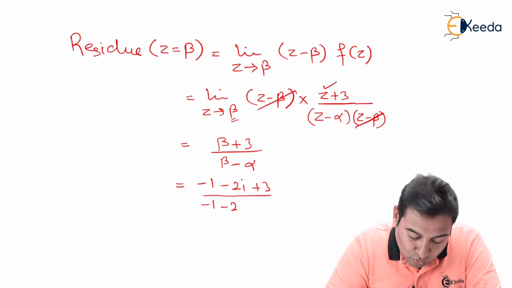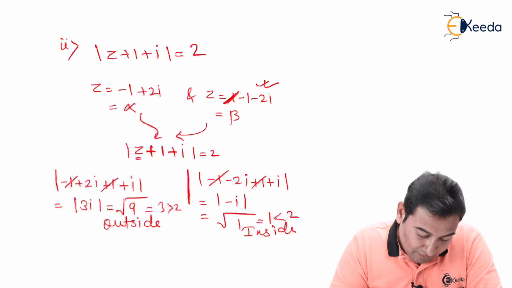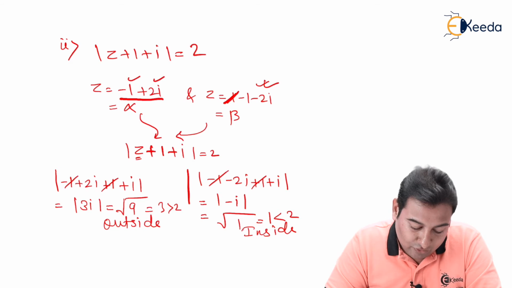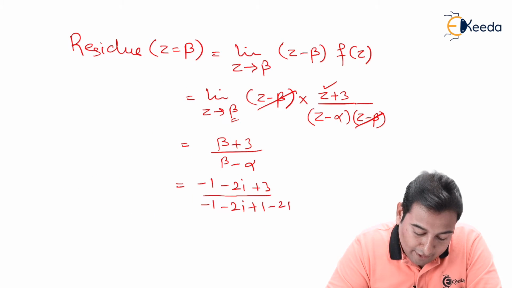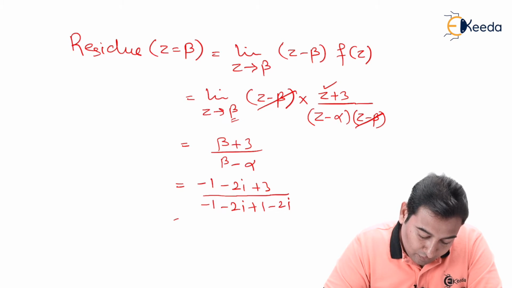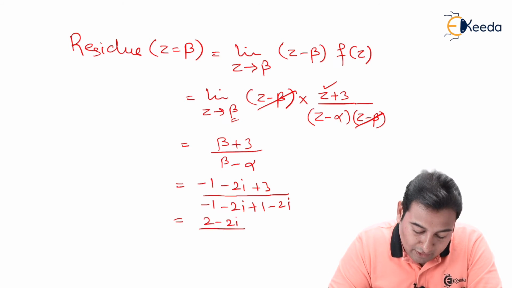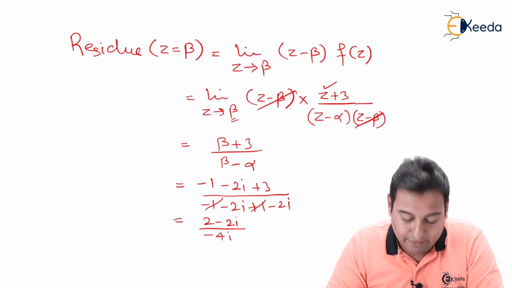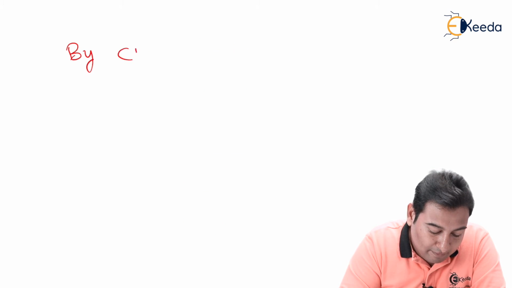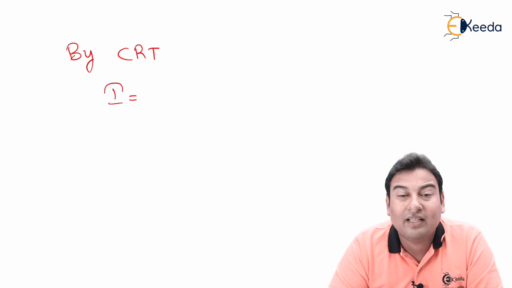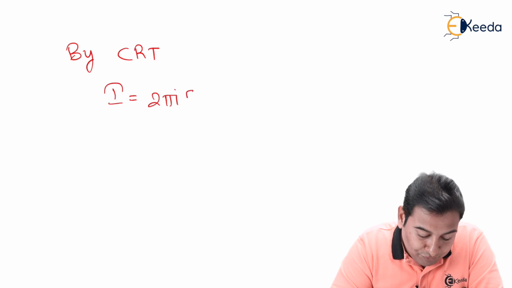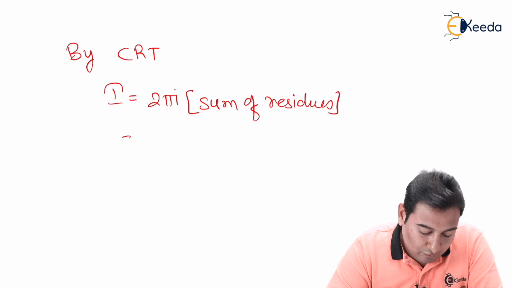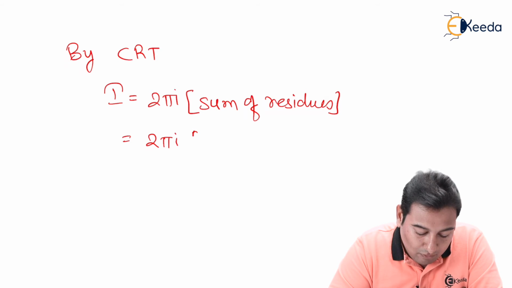Beta is minus 1 minus 2i, and minus of alpha, minus of this particular term: if you take the minus, this will become plus and this will become minus. So that will be plus 1 minus 2i. If you solve this, you will get 2 minus 2i in the numerator, divided by, this will be cancelled, minus 4i in the denominator. So friends, by CRT, that is our last step, I, the given integration, is equal to 2 pi i into the sum of residues.